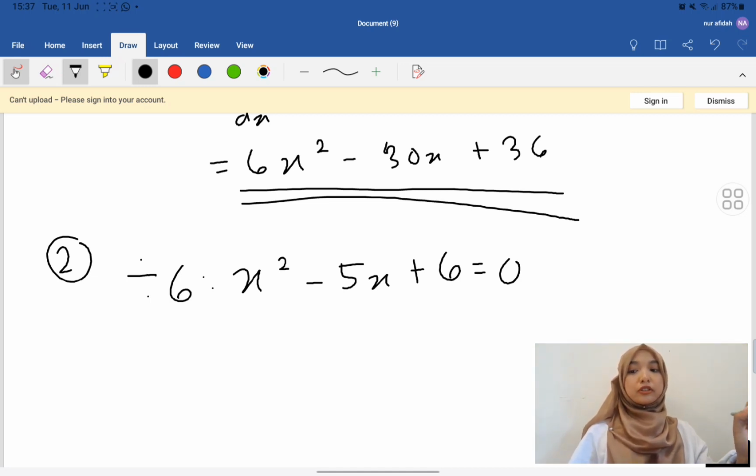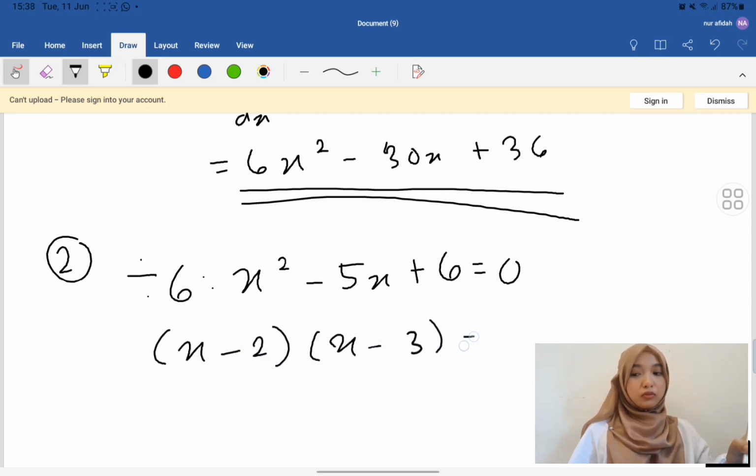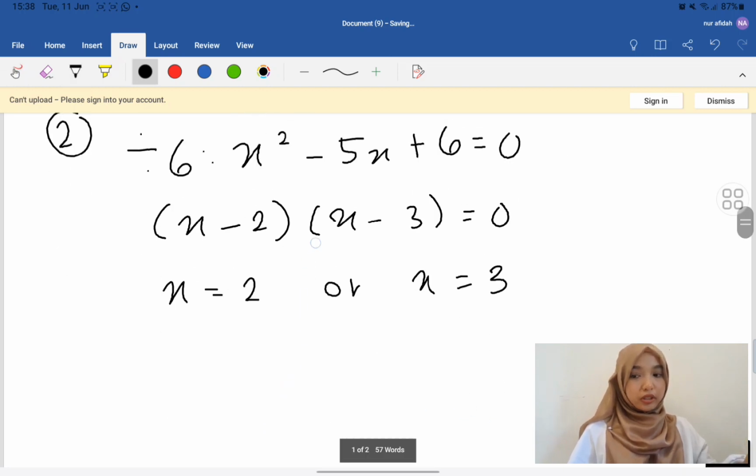Next we factorize the quadratic equation, and we got (x minus 2)(x minus 3) equals 0, and the critical points are x equals 2 or x equals 3.